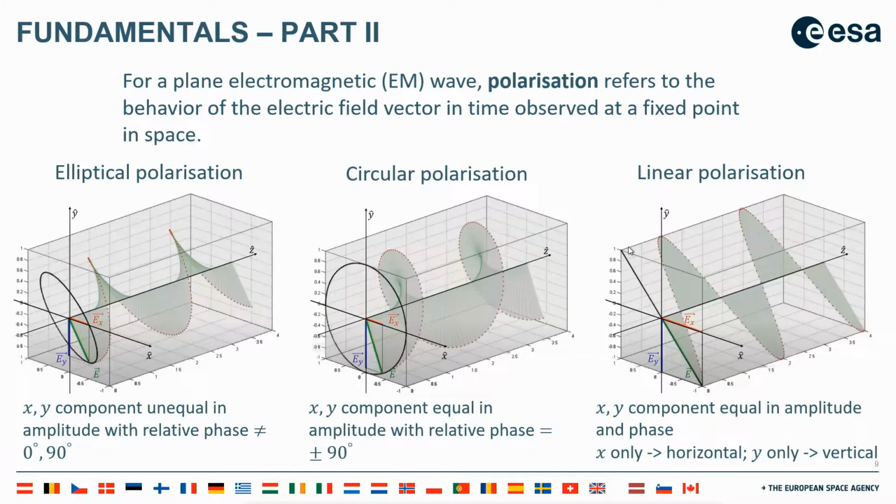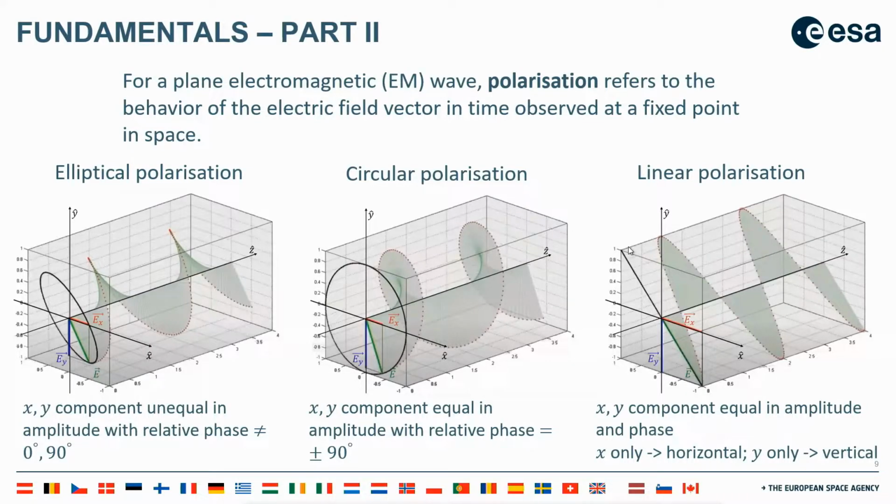And this is generated by having the electric field X and Y components not equal. The electromagnetic waves are moving along the z direction, changing the amplitude of the electric field X and Y, and also having a relative phase different from 0 to 90.